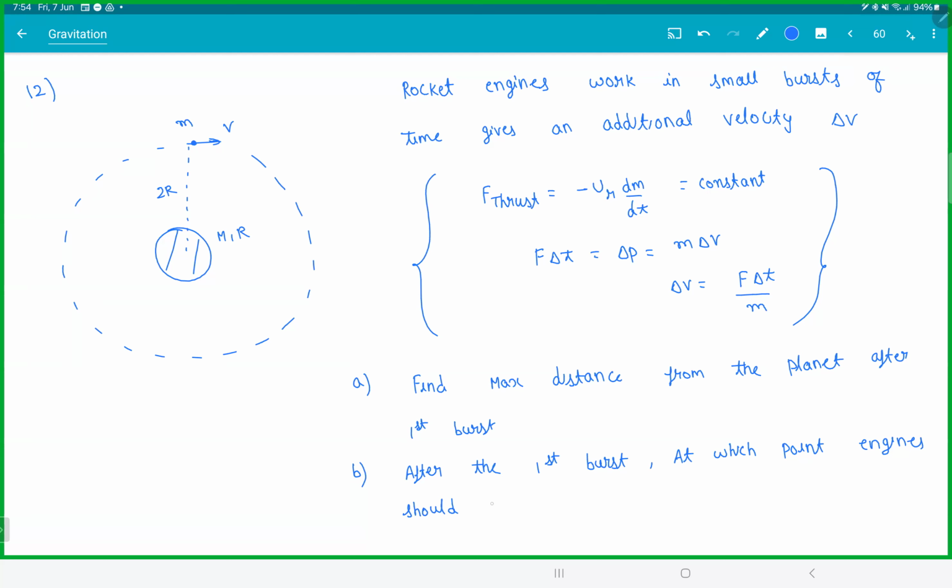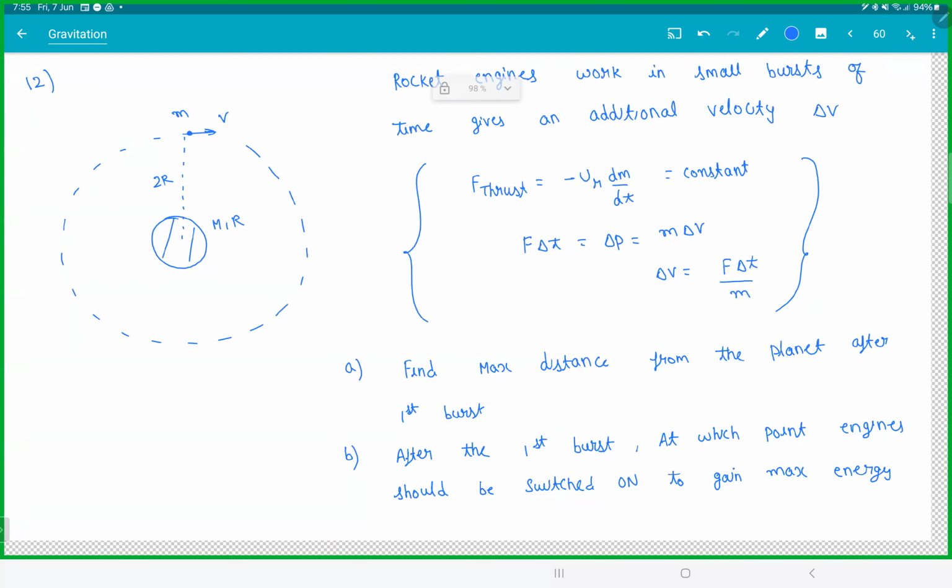Remember that: at which point the engine should be switched on to gain max energy. Energy, so you will get it. But you shouldn't say every time I switch it on, that energy is being gained. You are getting velocity.